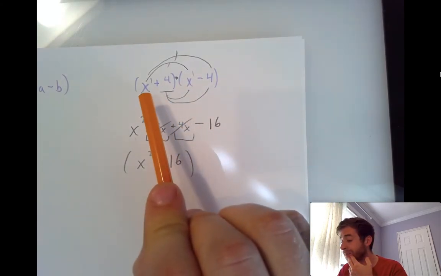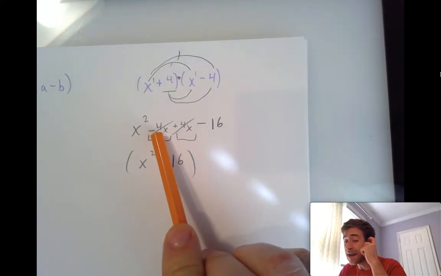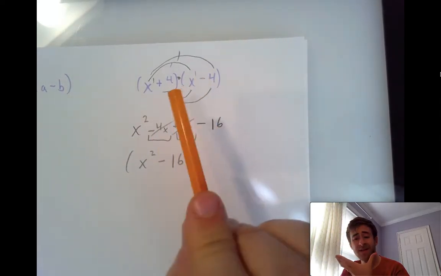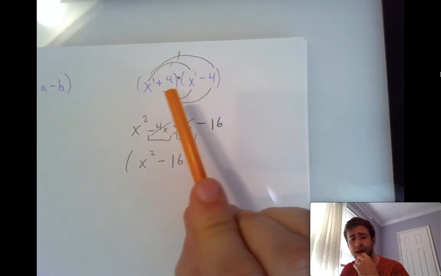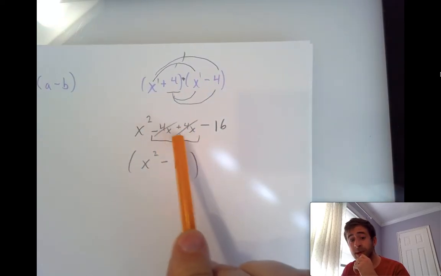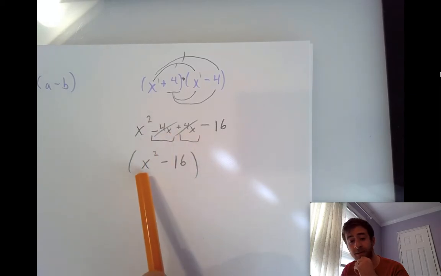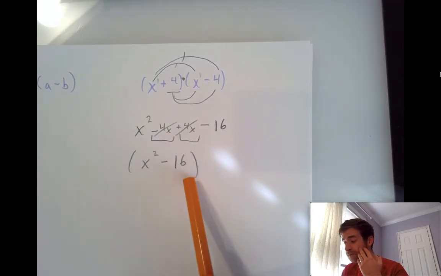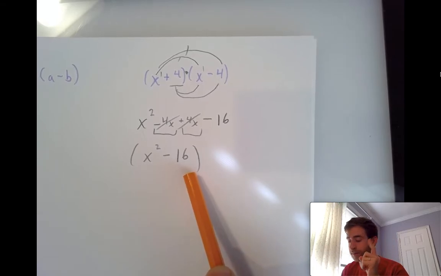And then because this positive x is going to multiply with a negative 4, I'm going to end up with a negative 4x. So if I have this situation where I have the same number at the back of my two polynomials and they're opposite signs, there's going to be a part somewhere where they cancel out the single variable part. So I'll just be left with a squared term and a number term, and that's important.